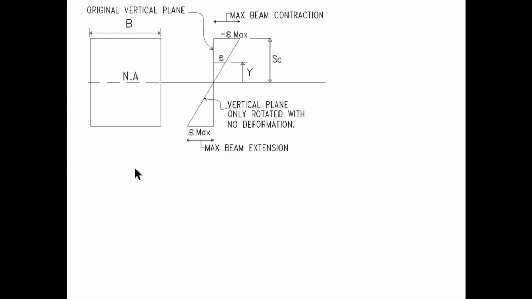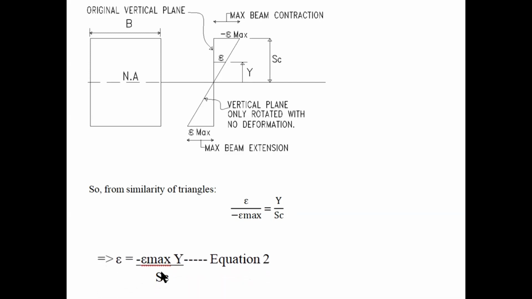So from similarity of triangles, we can say epsilon, which is at a distance y, divided by minus epsilon max is equal to y divided by c. Therefore, epsilon is equal to minus epsilon max y divided by c. We can call that equation 2.